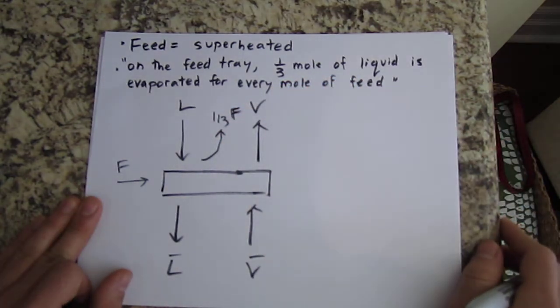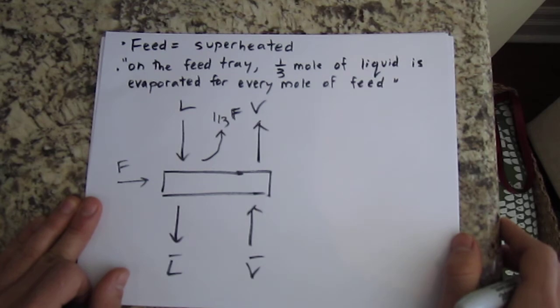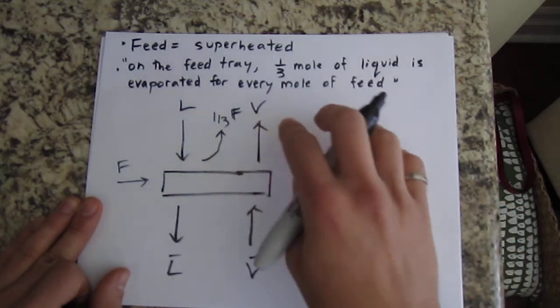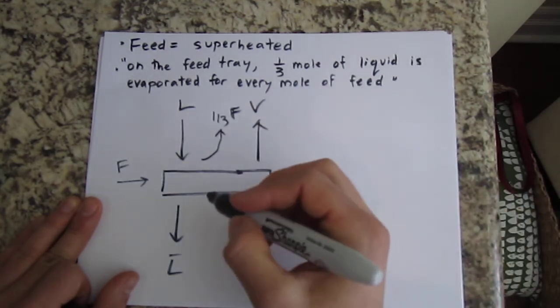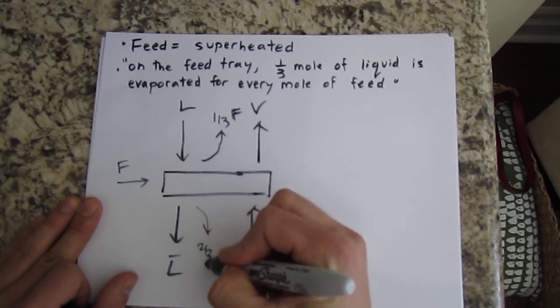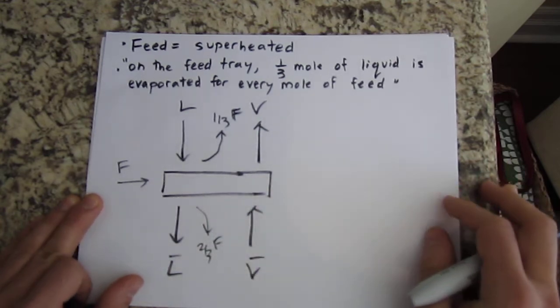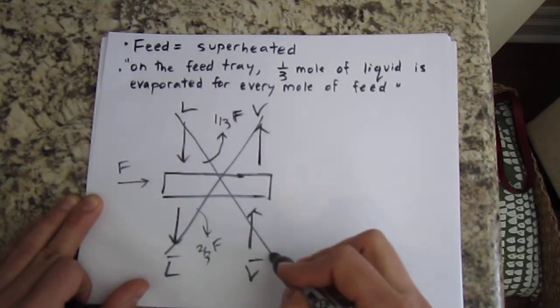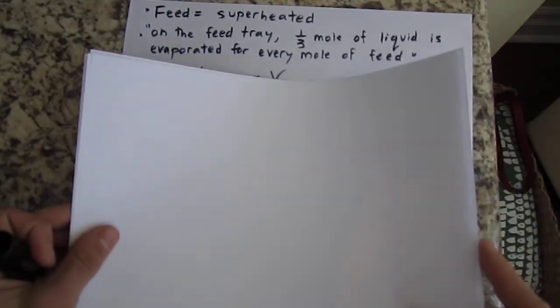So far this is true, but drawing it like this is usually a good way to get confused because we're seeing this 1/3 F going up, so maybe we're just going to think, okay, so 2/3 F drops. But that isn't true, and it's a good way to get confused.